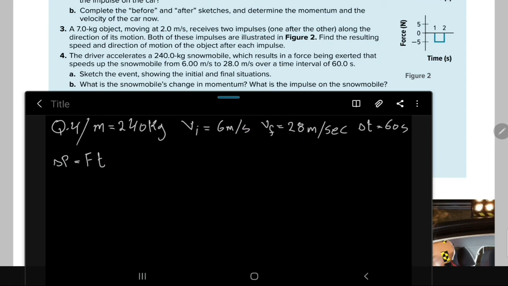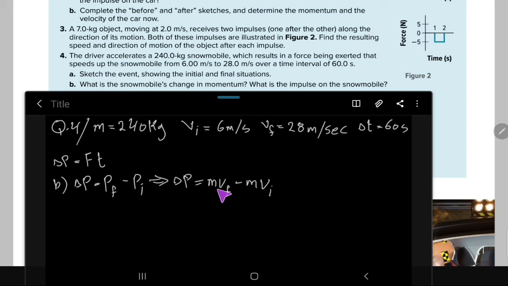As the known that we have in the question, we will find delta P. So delta P, this is part B, delta P equal to P final minus P initial, and that leads to delta P equal to m v final minus m v initial.